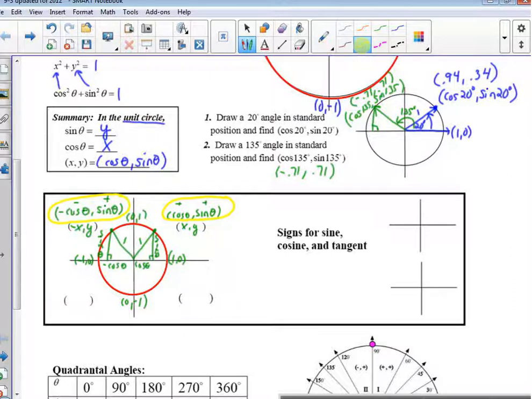Okay, so this is what I'm looking at in the end here. And then if I put an identical triangle into quadrant 3, that would already have the negative cosine, but then going down it would be negative sine. And that's 1. So now this coordinate would be negative x comma negative y, or negative cosine theta comma negative sine theta. Keep in mind, I'm drawing, that might not look it, but they are supposed to be identical triangles in quadrants 1, 2, and 3. So notice the signs are both negative.